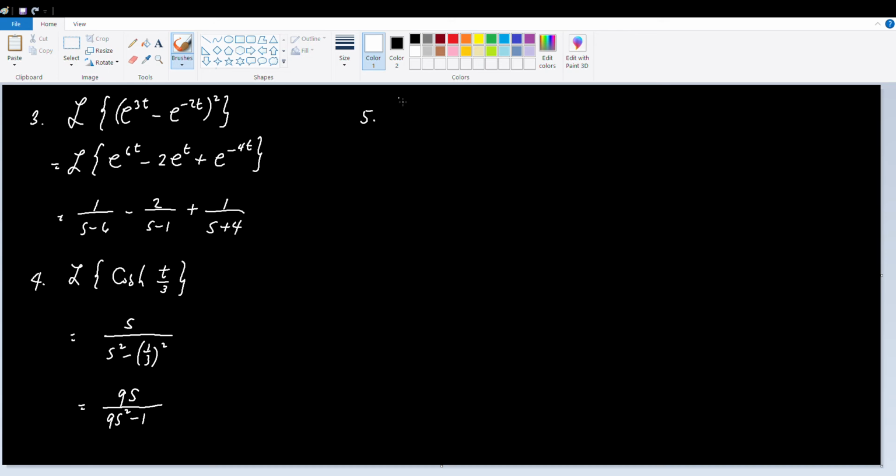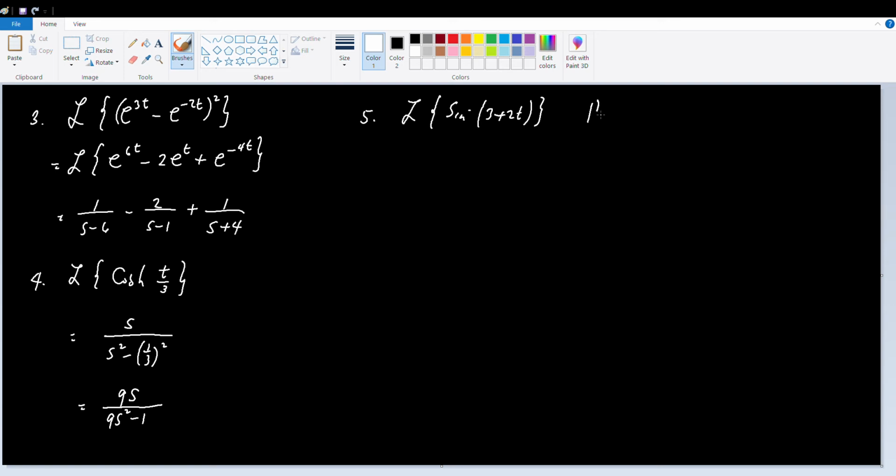Let us have another one. The Laplace transform of sine of the quantity 3 plus 2t. Okay, so the argument of sine is 3 plus 2t.